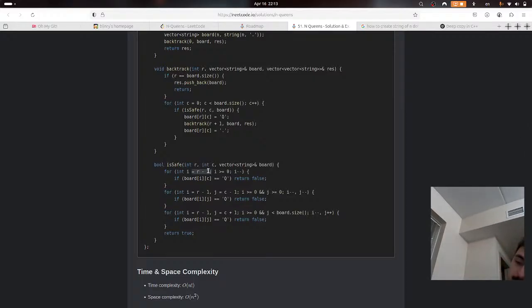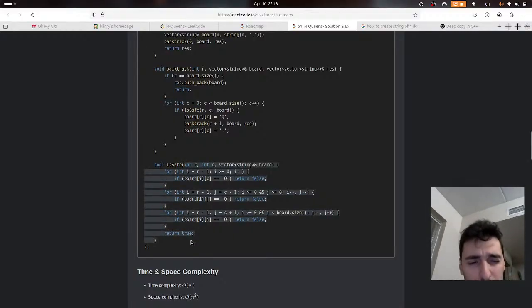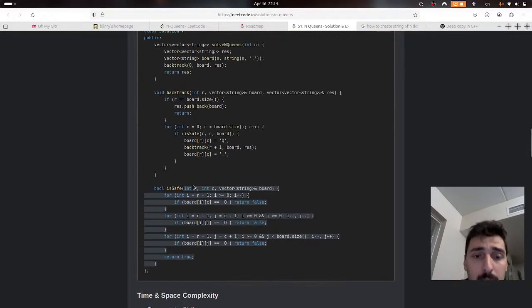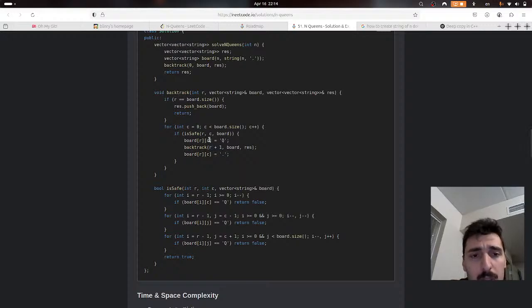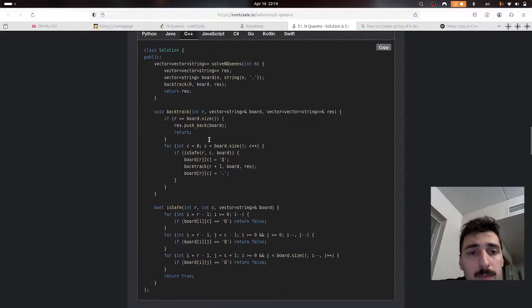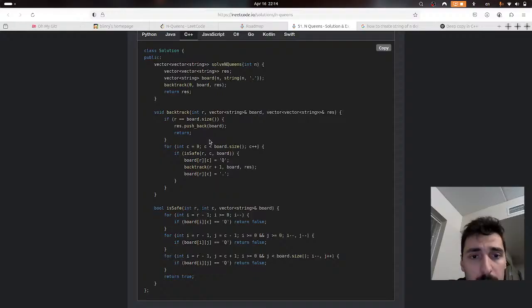The assumption in this function is that the chessboard is only going to be filled in the top rows, which is a right assumption, because we're going to increment r and we're going to iterate over c. Right, this makes a lot of sense.